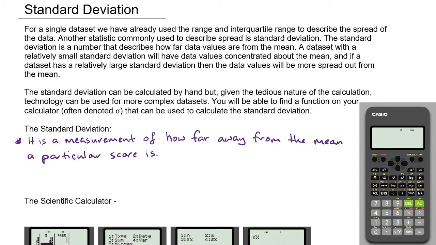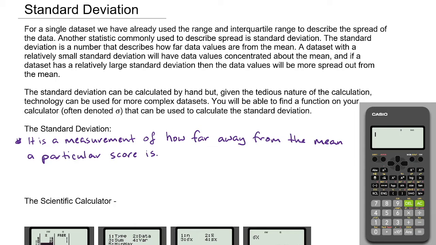One of the easiest examples to use, probably not the greatest, but definitely the easiest example, is IQ. The mean for the IQ test, or the average result in an IQ test, is 100. That is the average score. Standard deviation in IQ tests tends to be about 15 points.